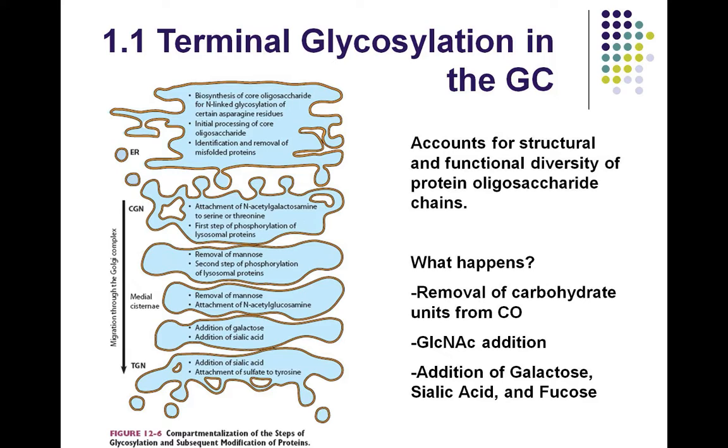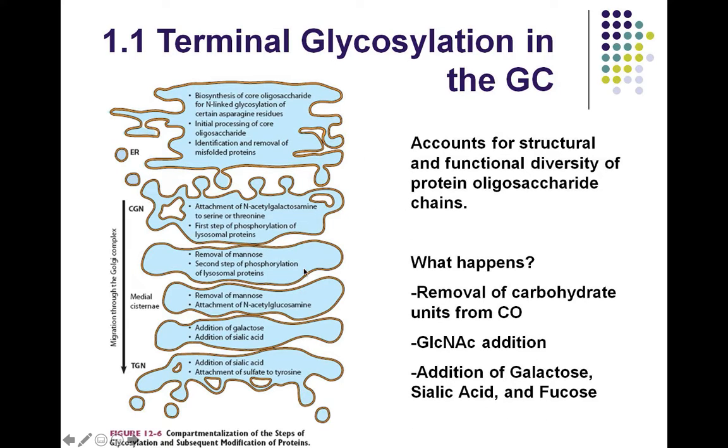Some of the things happening here, aside from removal of carbohydrate units, include addition of sugars: GalNAc, galactose, sialic acid, and fucose. Primarily, these monomers are added in the last areas.